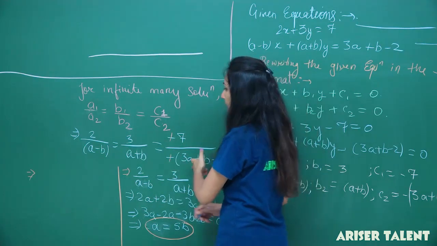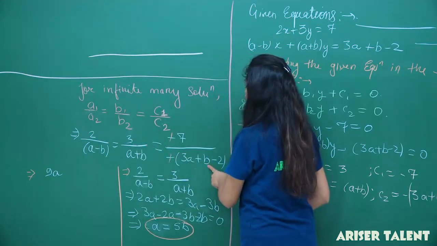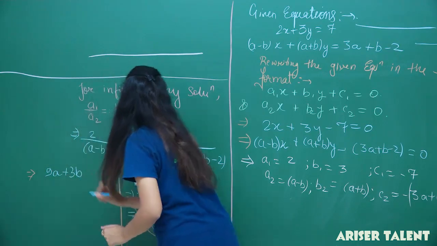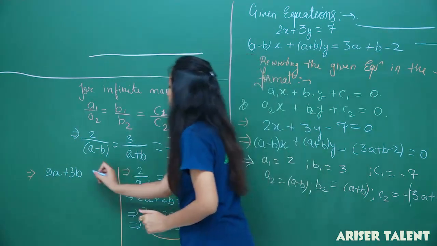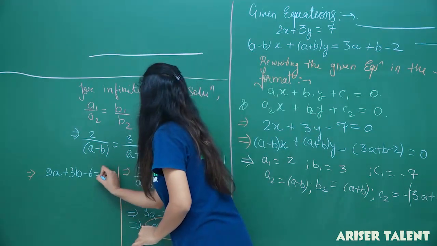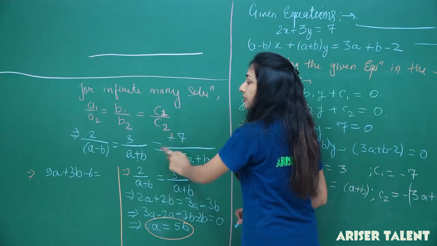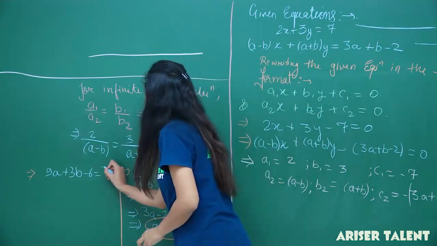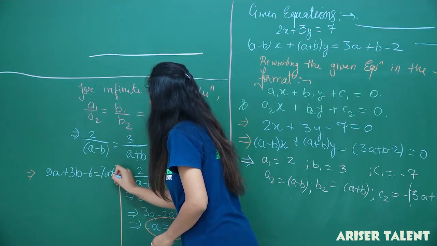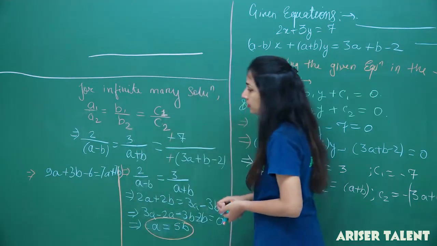So 3 multiplied by 3, 9a, then 3 multiplied by b plus 3b, right, then 3 multiplied by minus 2, minus 6 equals 7a plus 7b, right.